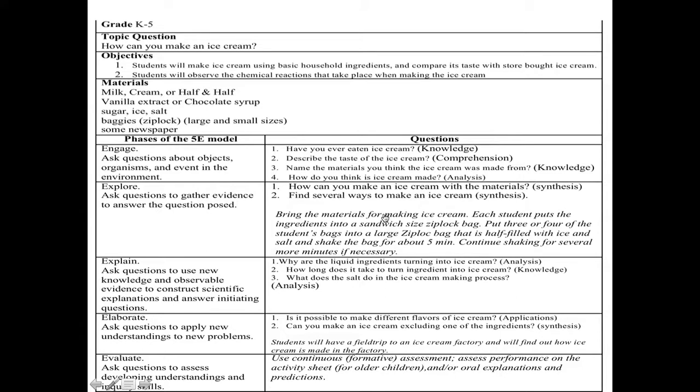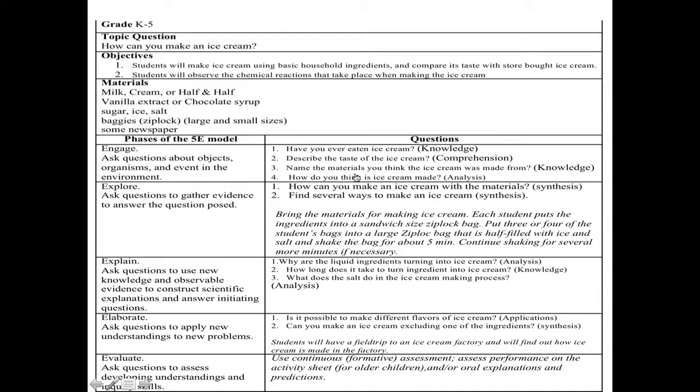I put grade level, topic question, objectives, materials, and the 5Es here, starting with engage. So for the engage, you need to develop questions. Questions are very important. Remember when we talked about inquiry-based teaching methods, you need to develop questions first based on Bloom's taxonomy: knowledge, comprehension, analysis, application, and synthesis and evaluation, right?